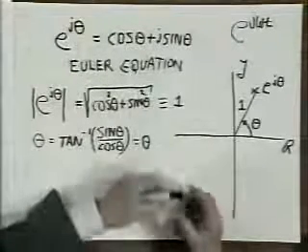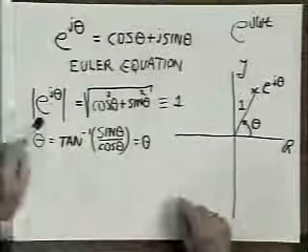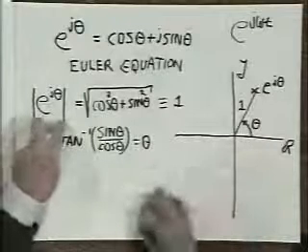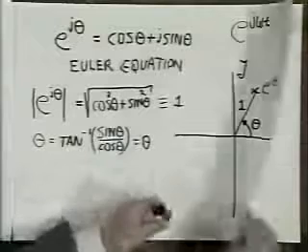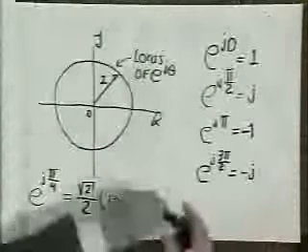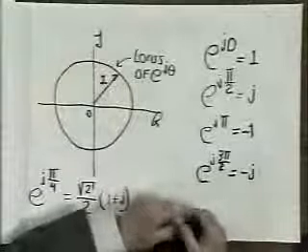This is a complex number, obviously. It is a complex number which has an angle theta and which has a magnitude, the length of the vector, of 1. It is the unit complex number. And so as theta varies, it has a locus which describes a circle of radius 1.